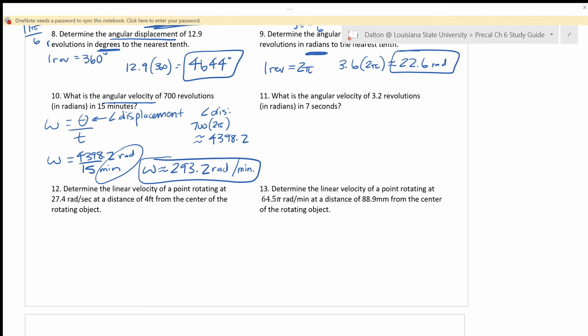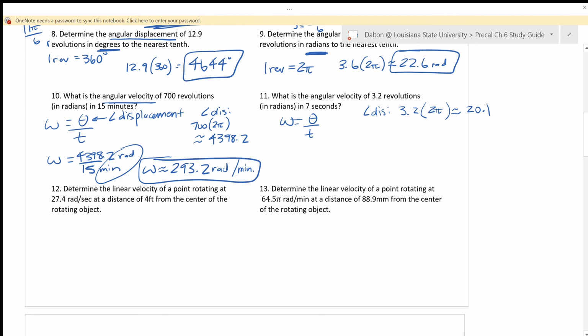Number 11 is a very similar problem. What is the angular velocity of 3.2 revolutions in 7 seconds? We're using the same formula, omega equals theta over t, and again rounding to the nearest tenth if necessary. Step 1, find the angular displacement: 3.2 revolutions times 2 pi is approximately 20.1.